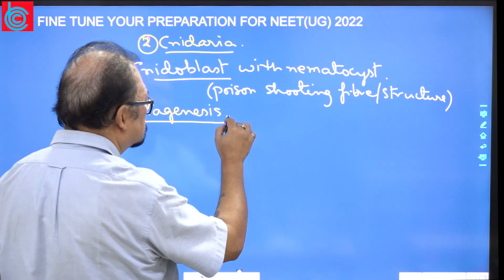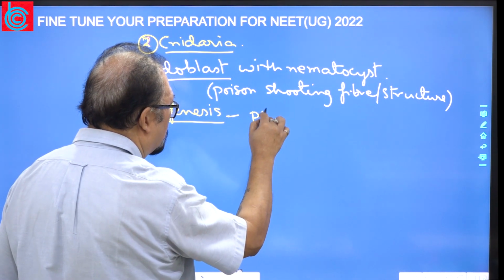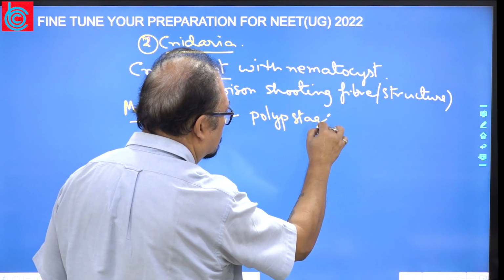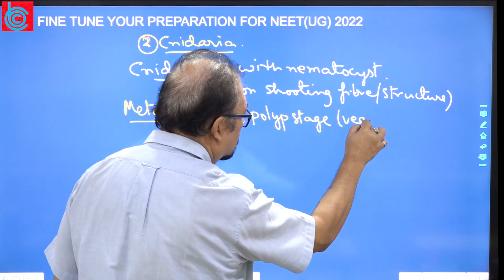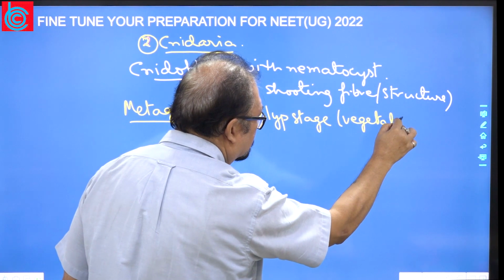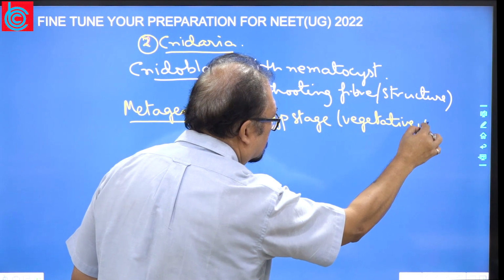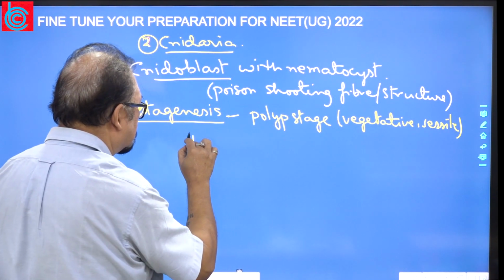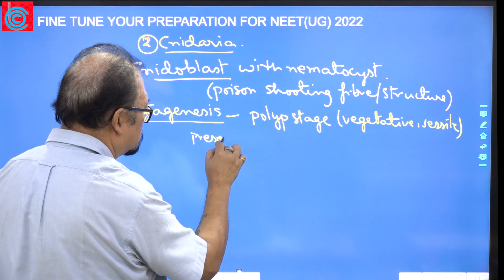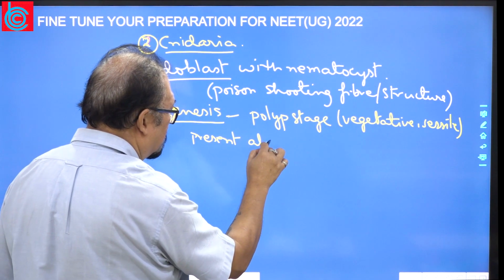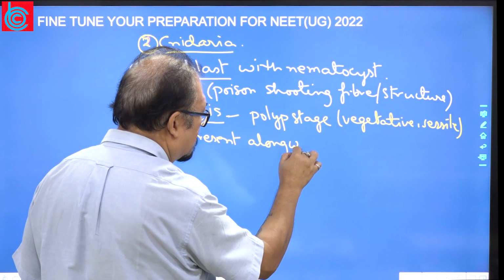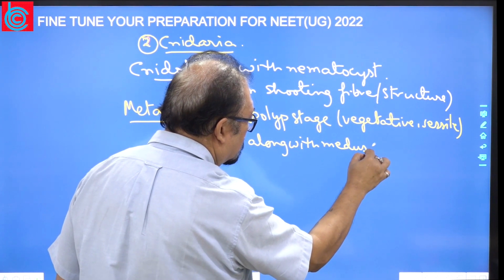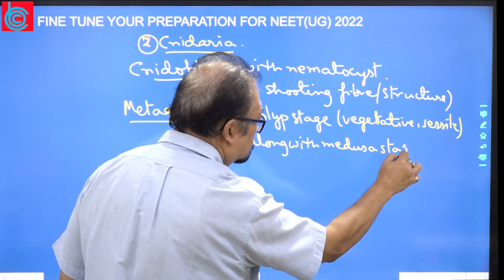Here, polyp stage, which is vegetative and sessile, present along with medusa stage.